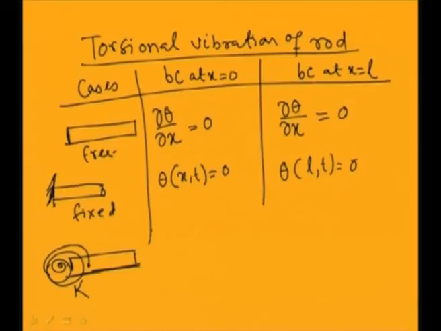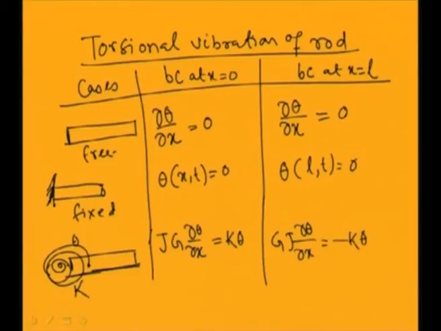The force exerted by the torsional spring will be equal to k theta, and the torque at this end, whose expression you already know, is G J del theta by del x. So G J del theta by del x will be equal to k theta. Similarly, at the right end this will be replaced by minus k theta, so G J del theta by del x will be equal to minus k theta.